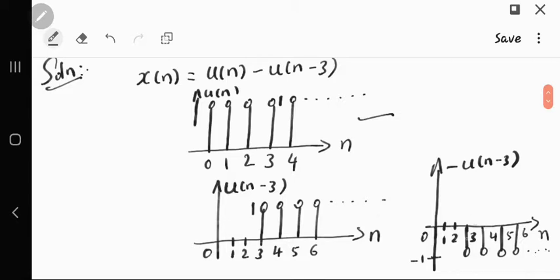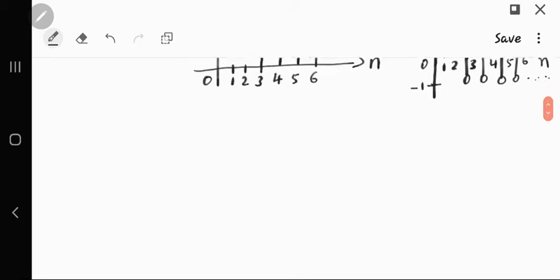Now we have to add these two to get our x of n. Just to perform that addition, I am writing the signals one below the other.